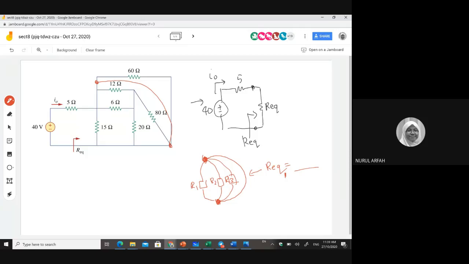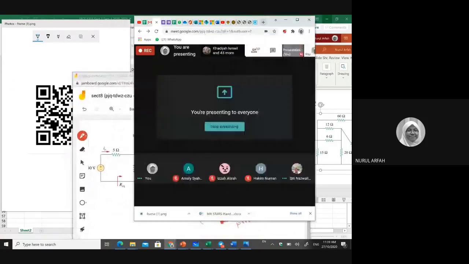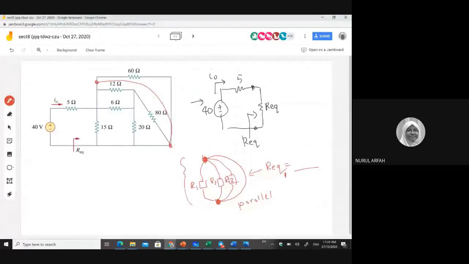Okay, the clue is, you can apply parallel rules. Why is it parallel? Because they are in parallel. So what does the parallel rule say? What is the equation for R total?